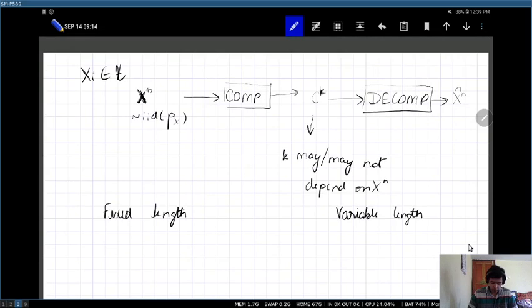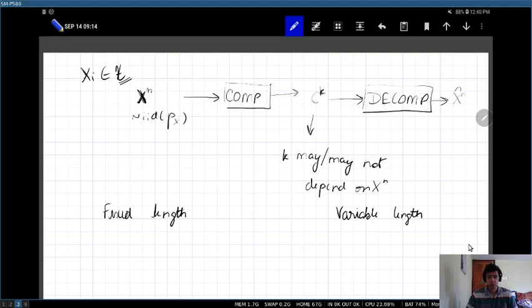But what I would like to mention is that depending on how you choose your alphabet script X, even if you're trying to compress text files, you could treat this as a sequence of ASCII characters, or a sequence of words, or even a sequence of sentences, where each alphabet symbol is a sentence. For ASCII characters, script X is the set of ASCII characters. For words, script X is the set of words in say the English dictionary, and if you treat each symbol as a sentence, then each element of script X is a valid sentence in English.